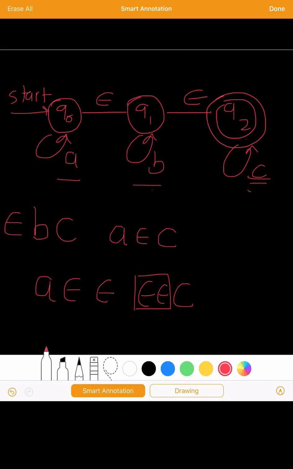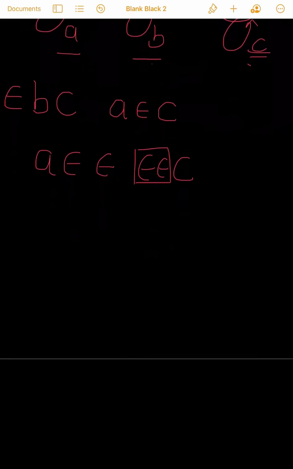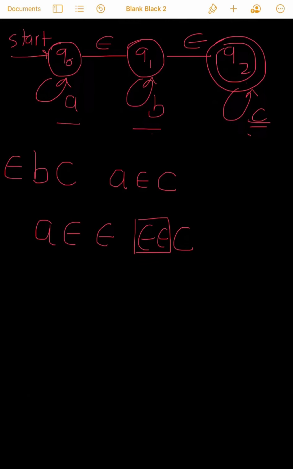So by this way we can draw NFA with epsilon transitions. So let's see the transition table for the same.